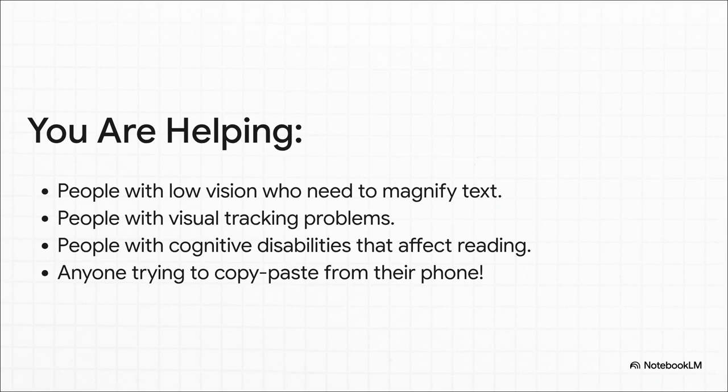You are directly helping people with low vision who need to blow that text up to read it. You're helping folks who need different line spacing just to track the words across the screen. You're helping people with cognitive disabilities where a specific font or color scheme makes all the difference. And you know what? You're helping every single one of us who's ever tried to copy an address or phone number from a flyer on our phone.